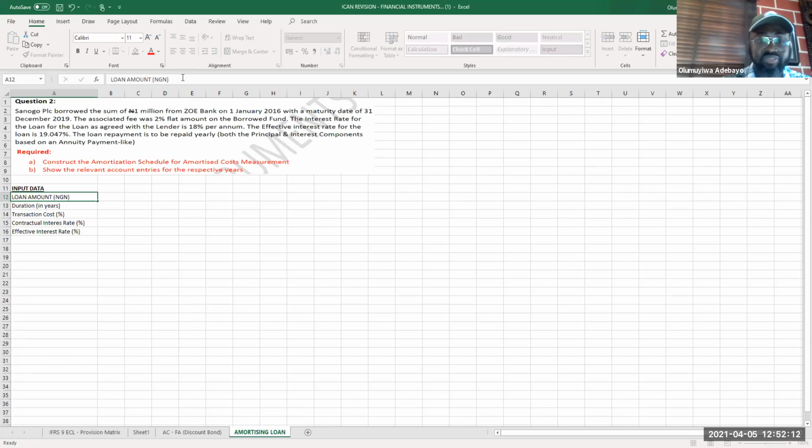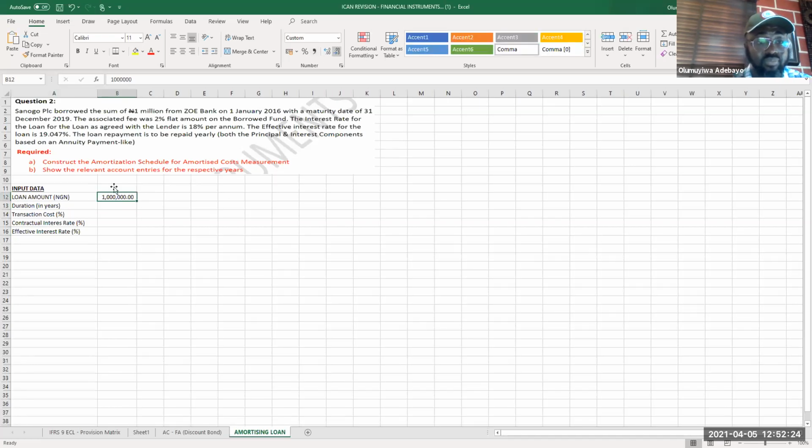The loan amount is given in Naira. The loan is how much? 1 million. Duration is 4 years. Yes, some people are calling 3 years. We didn't check the date: 1st of January 2016 to 31st December 2019.